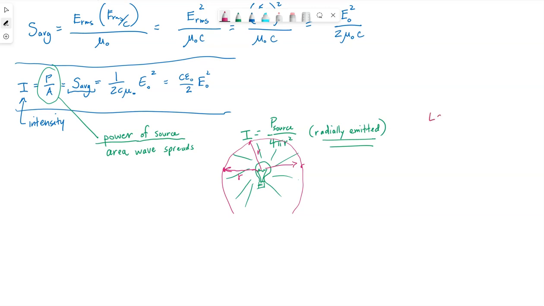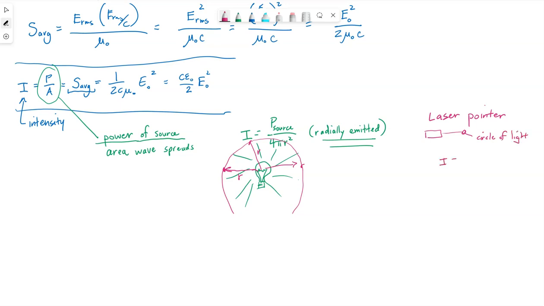If we have something like a laser pointer, though, you don't get that radially emitted. You shine the little laser light on a board or paper, all you see is a little circle of light.